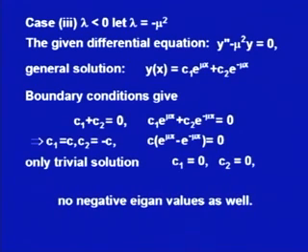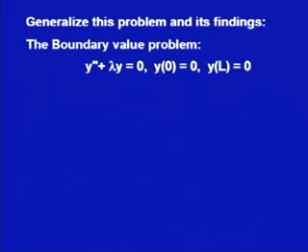So, now what we have learned, let us generalize this problem and its findings. We studied the boundary value problem y double dash plus lambda y equal to 0, y at 0 is 0 and y at L is equal to 0.